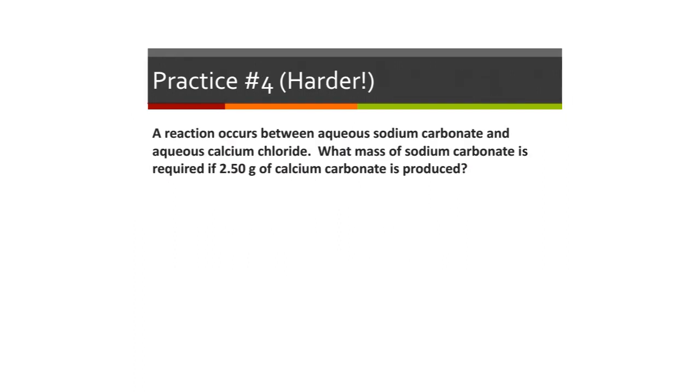One last example here, and this is a little more difficult because we're not told our reactants or our products. However, we're told we have a reaction between aqueous sodium carbonate, Na2CO3, and aqueous calcium chloride, CaCl2, and a mass of calcium carbonate, which is one of our products.